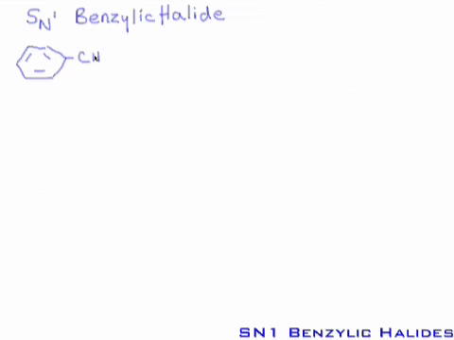Let's use Cl this time. Where in step 1, once again we have ionization, and you lose Cl.